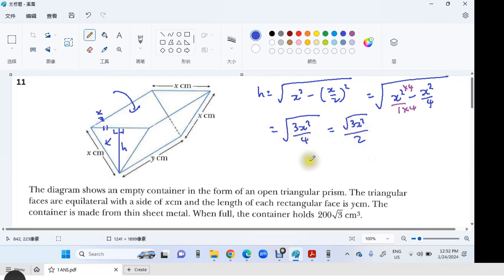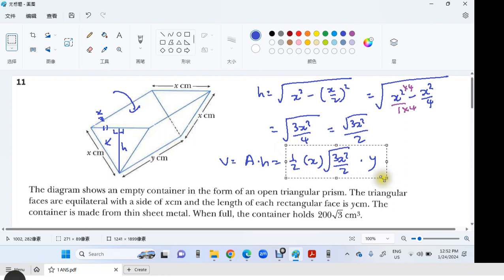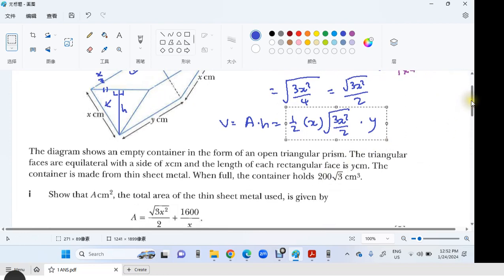So the volume is the area times height. It will be 1 over 2 times x times square root 3 x over 2, multiply with y. So this is equal to 200 square root 3.